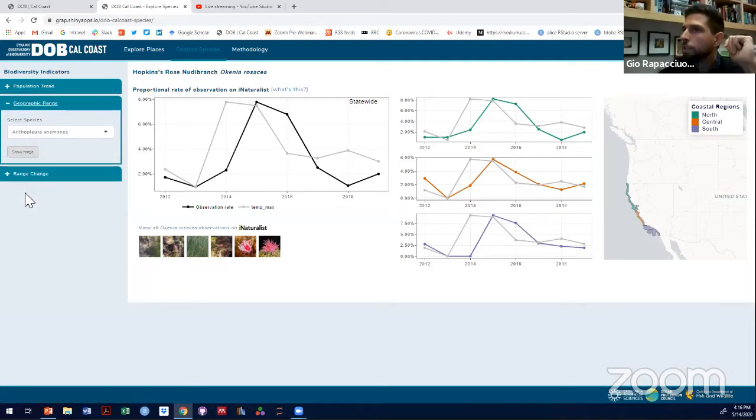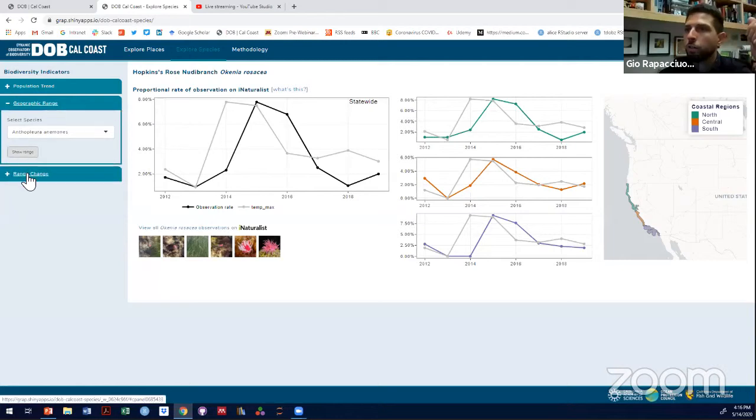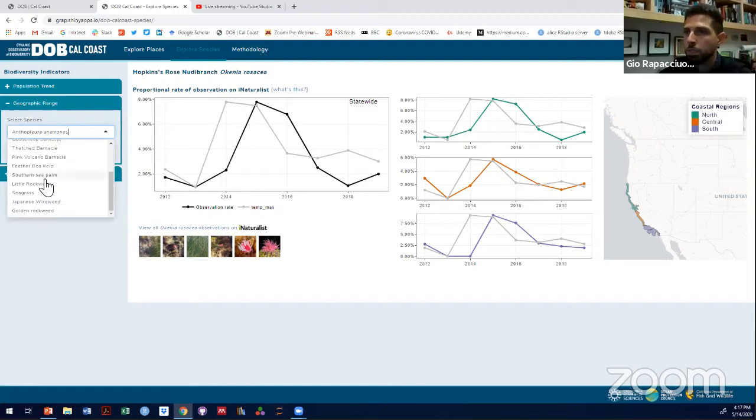So let's have a look at some of the other indicators that you can use here. And the first thing to know here in the next two tabs, geographic range and range change, is that you have a lot fewer species.